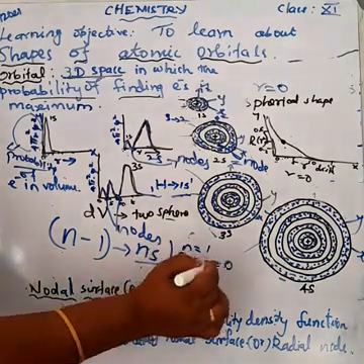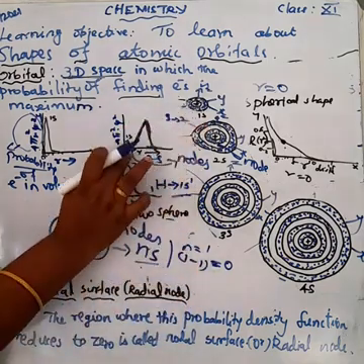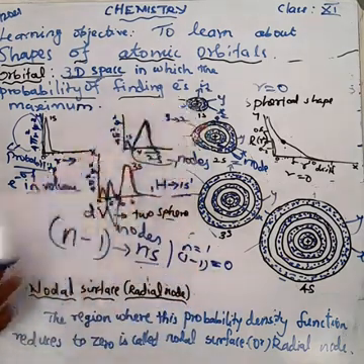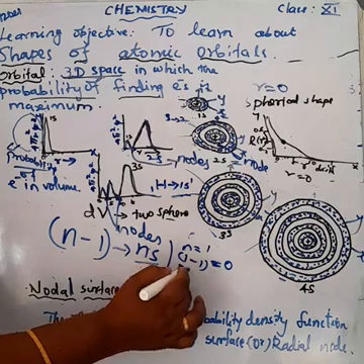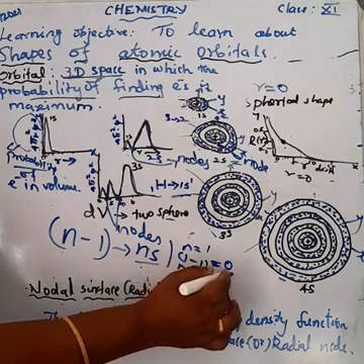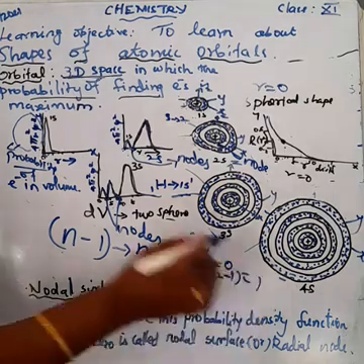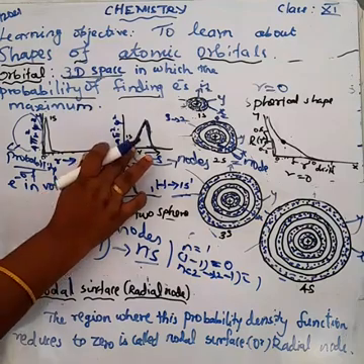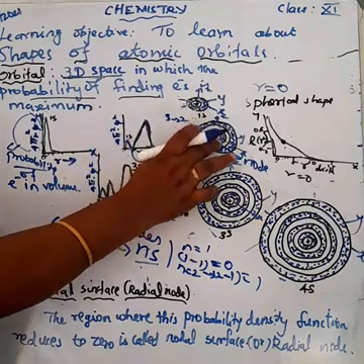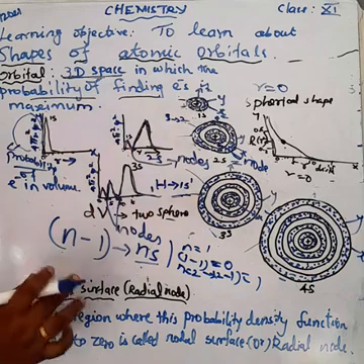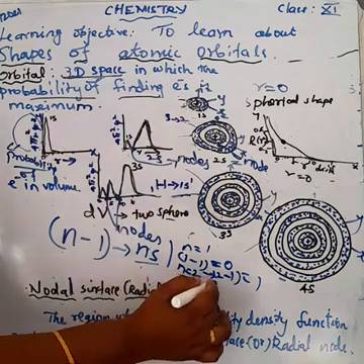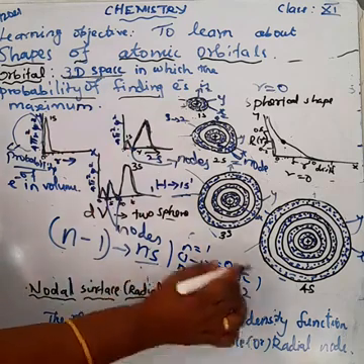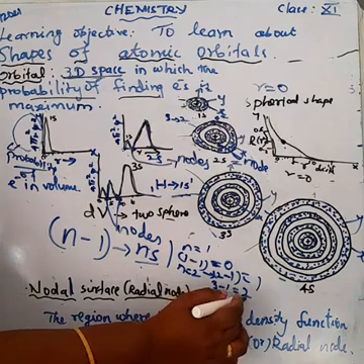You see, this is the 1s orbital, here no nodes. When n is equal to 2, 2 minus 1 is equal to 1 node, only 1 node. Seeing the 2s orbital, only 1 node. For the 3s orbital, 3 minus 1 is equal to 2 nodes. For the 4s orbital, 4 minus 1 is equal to 3 nodes.